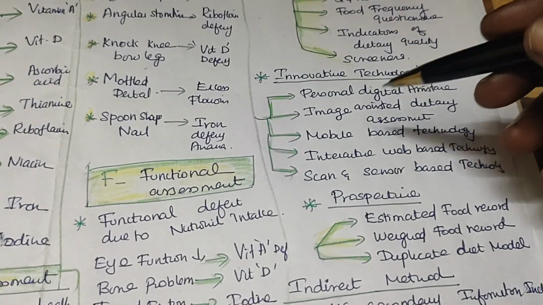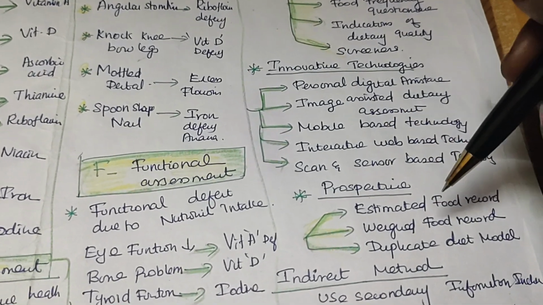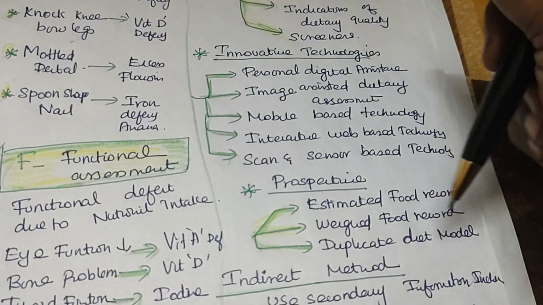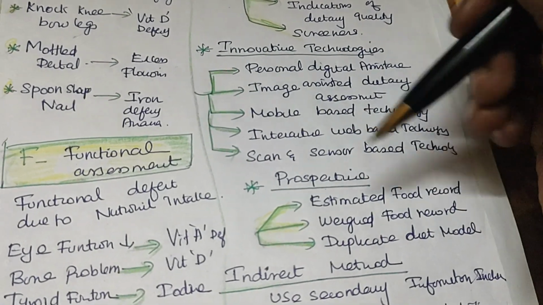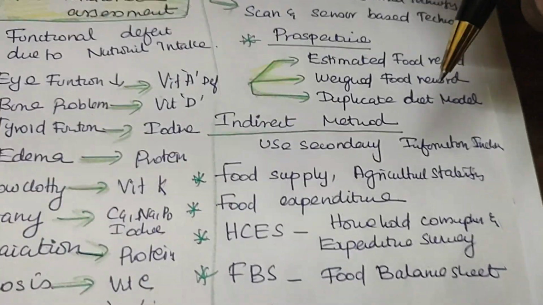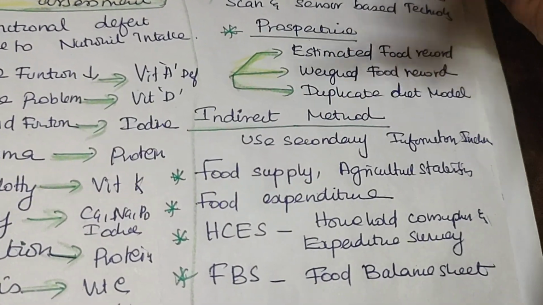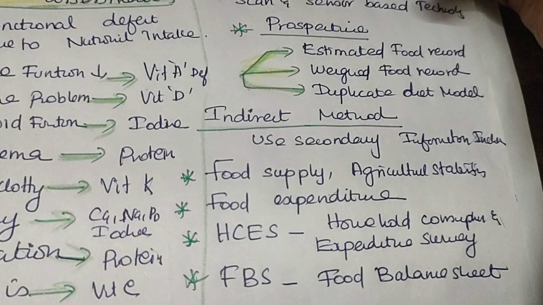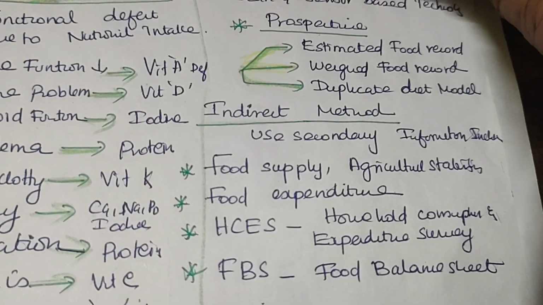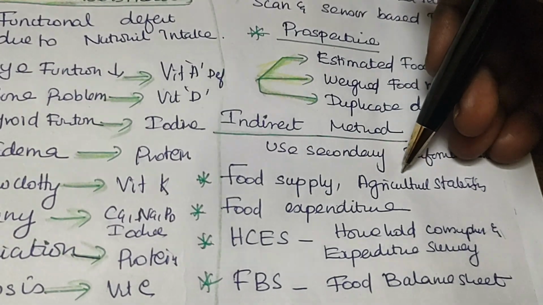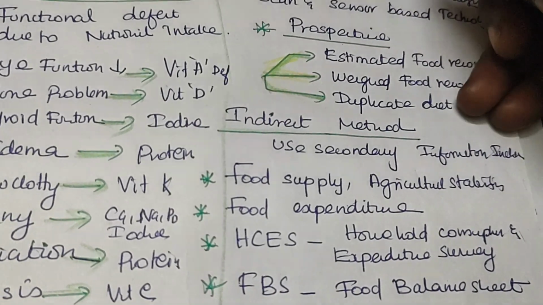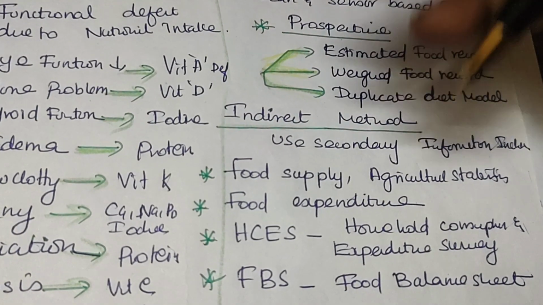Then another method: prospective estimated food record, weighing the food record, and duplicate diet model. Then the indirect method uses secondary information like the food supply, locally available food, agriculture statistics, how the food is coming and from where, how much they spend on household expenditure, the household expenditure survey, and the food balance sheet.